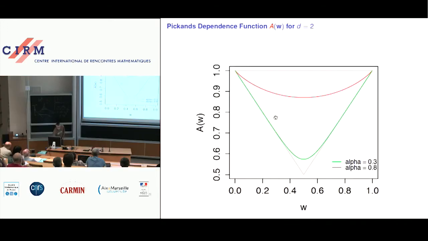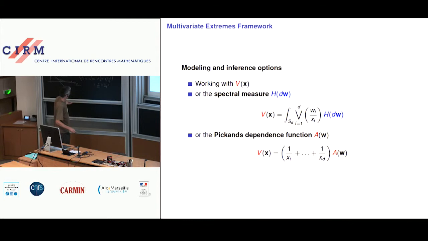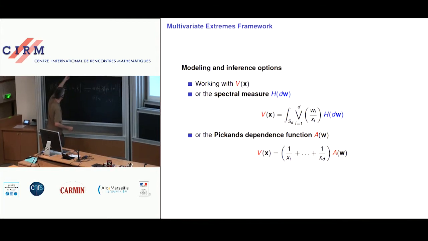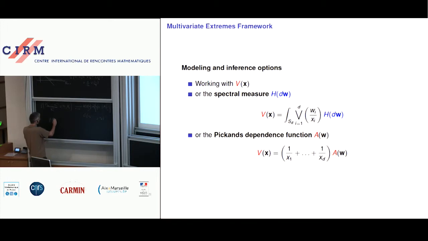So if you take A equals 1, that means here you have 1 over x1 plus 1 over xd. And that's the independent case. Remember? We have unit Fréchet margin. So in the case where it's independent, it's a product of the two.